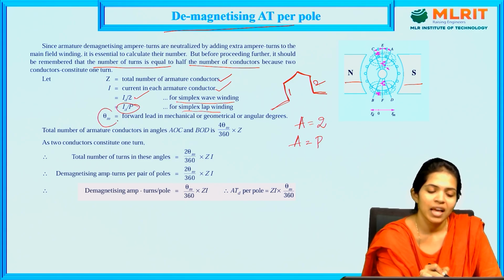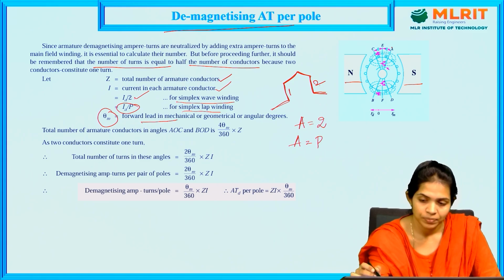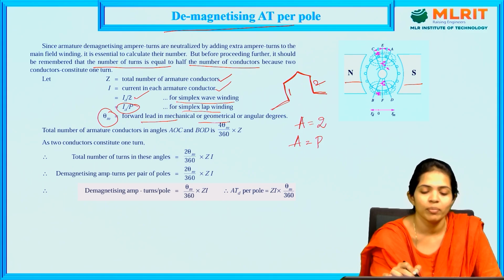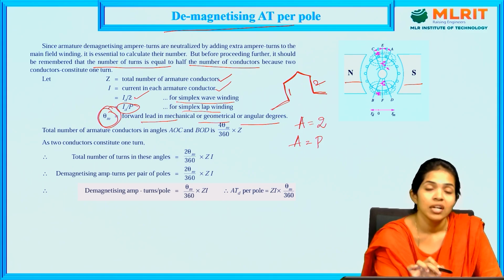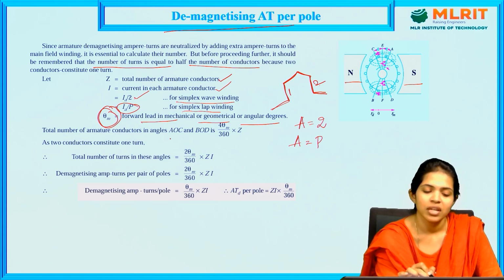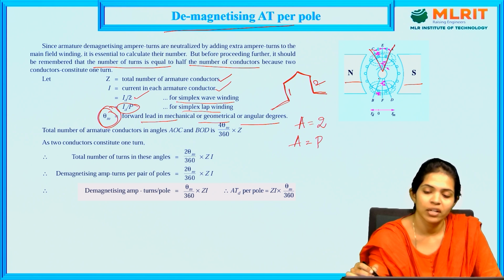And theta M is the forward lead, or the displacement of the MNA from the original MNA, in geometrical or angular degrees. So if I consider theta M as the displacement in MNA, the total number of conductors in this particular region gives the demagnetizing ampere turns.